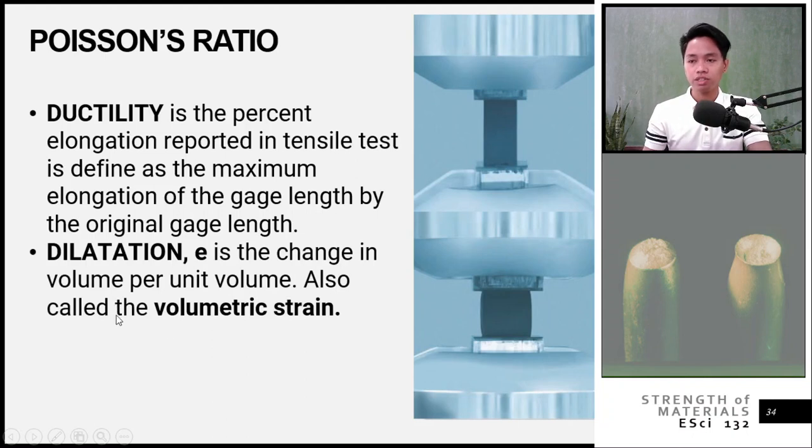Next is dilatation. That is denoted by small letter e. That is the change in volume per unit volume. So, that is also called your volumetric strain. Okay, we know that if a force or a stress is applied along, for example, the x-axis, the length along the x-axis will not be the only strain that will occur.